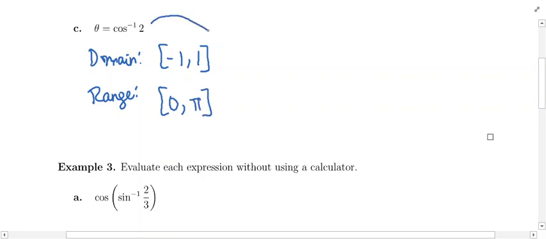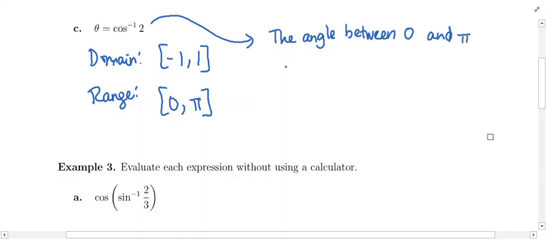So if we write this down, this is going to be the angle between 0 and pi whose cosine is 2. Since the angle that is returned is between 0 and pi, that corresponds to quadrants 1 and 2, the top half of the unit circle.